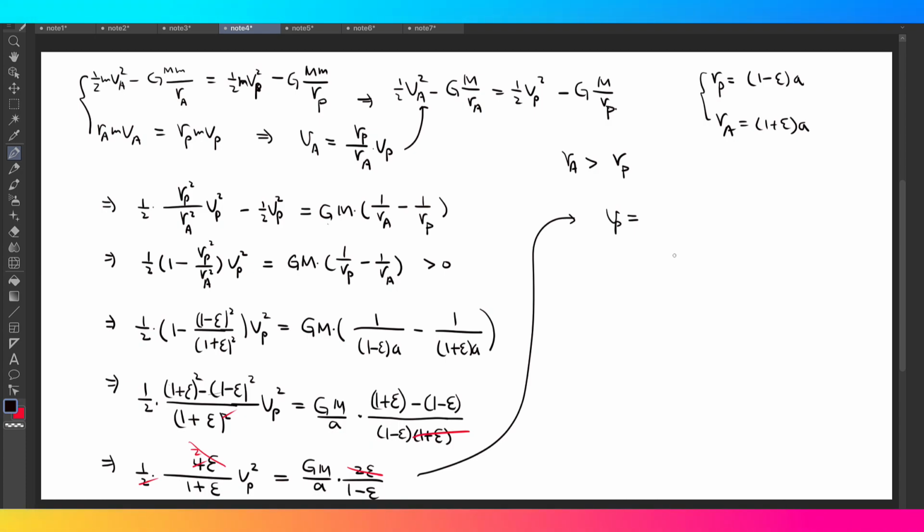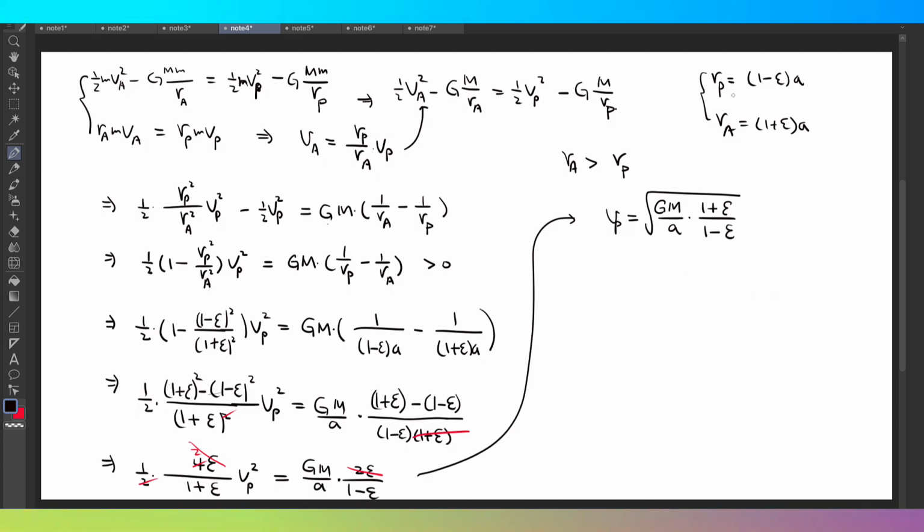And then let's see, so VP equals square root of GM over A, 1 plus epsilon over 1 minus epsilon, right?